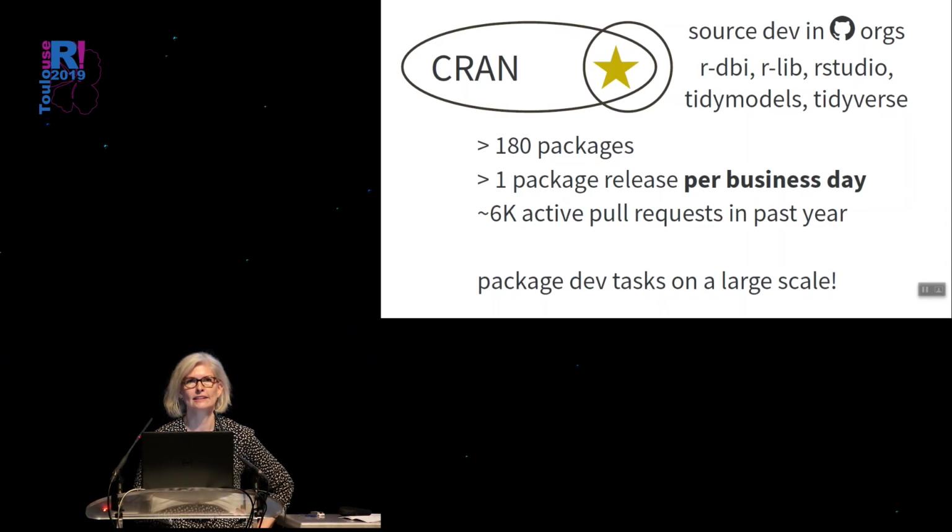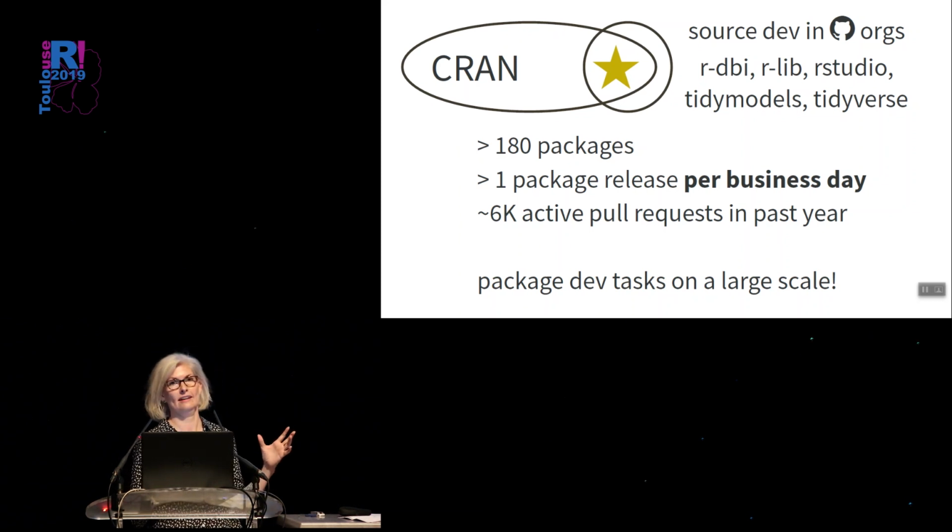And another reason that it's important to the group that I work in, I looked at the overlap between the 14,000 packages on CRAN and things that we look after in a very coarse way. So I looked at packages where the development happens on GitHub below these 5 GitHub organizations.